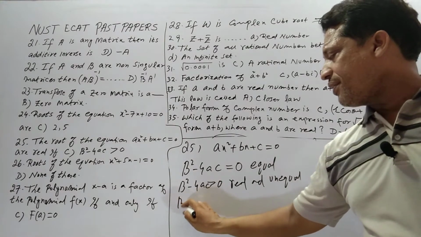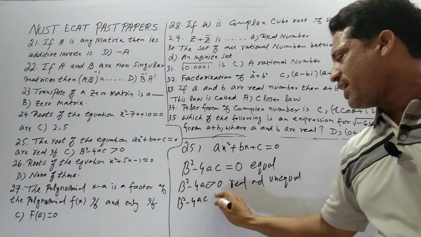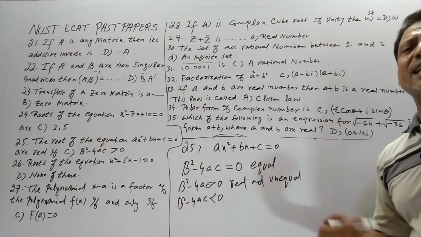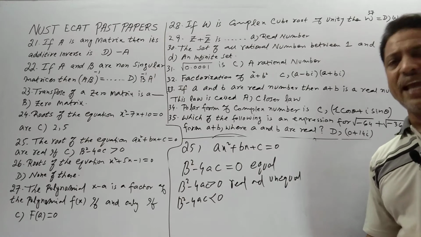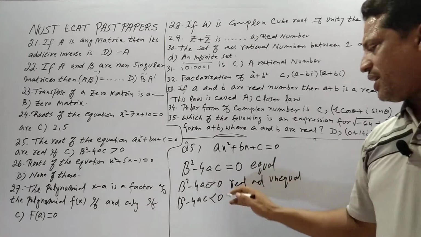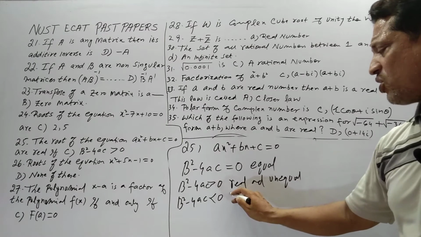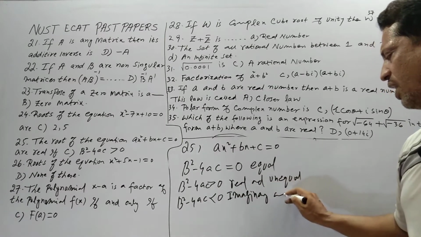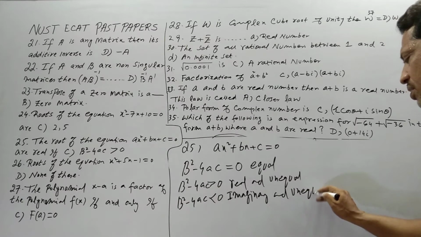If b squared minus 4ac is less than 0, meaning a negative value, then the roots are complex or imaginary. You have to write imaginary and unequal.